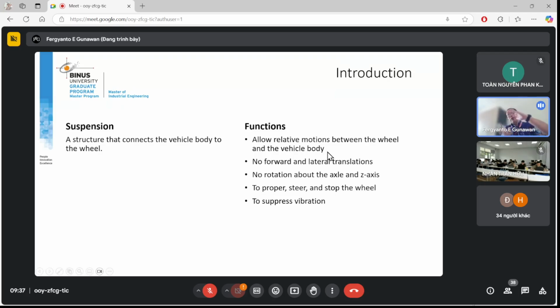So the wheel can move independently of the vehicle body.